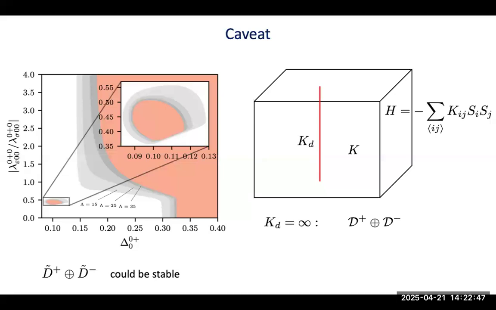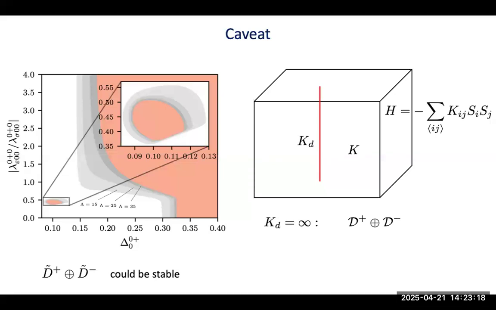Now, here's a small caveat. What we proved, strictly speaking, is that this line defect d plus plus d minus, that we expect we'll get in the limit of infinite coupling along the defect, is unstable. Now you could imagine that you perturb your Ising model, either the classical one or the quantum one, in some highly non-trivial way on this line defect, such that you realize some other kind of direct sum of pinning field defects sitting here, right?